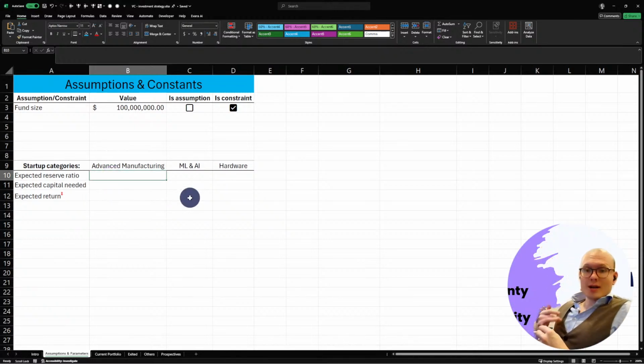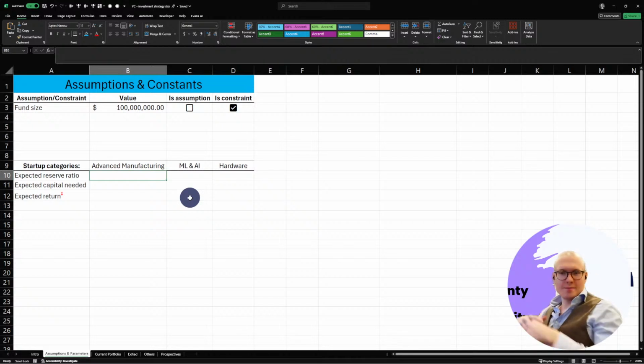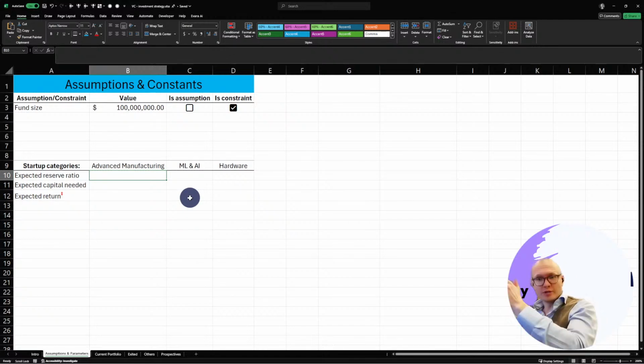So now I'm actually at this point going to make up some numbers. And while this may seem, how should I say this, not entirely random, it does of course seem like, why am I not using something that is real? Well, this is because this is actually where the specific knowledge from a VC is what would be used here.